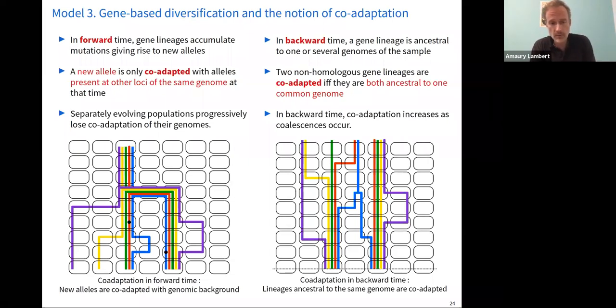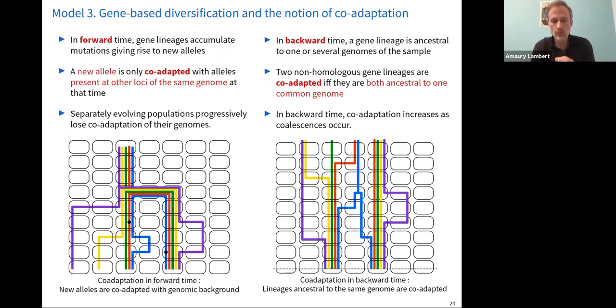At some point in time, you see that the genome is replicated and copied into another population. And here, in addition to birth and death of populations and genomes, we have mutations. I don't know if you can see, the black dots embody mutations occurring on the lineages. And we assume the infinitely many alleles model that I introduced in the first lecture, meaning that every mutation gives rise to a new allele.